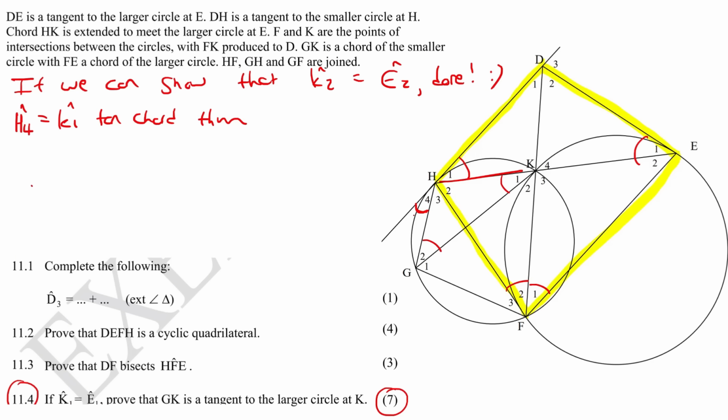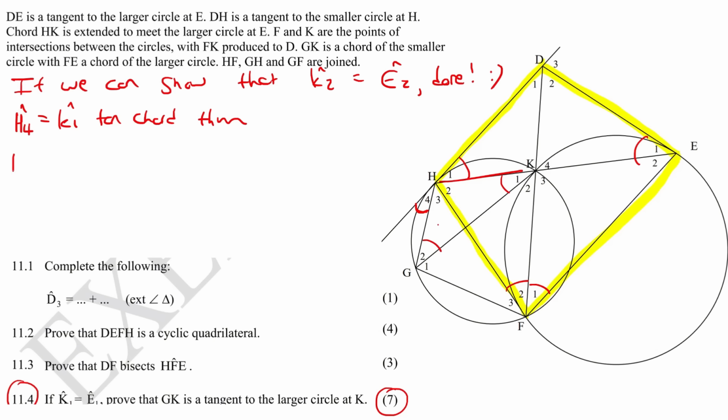Now, if we then say that this whole angle on the outside is the exterior angle of that yellow cyclic quad, then it means that this whole angle on the outside must be the same as this whole angle. Okay? So let's say that. They haven't really given us a letter.